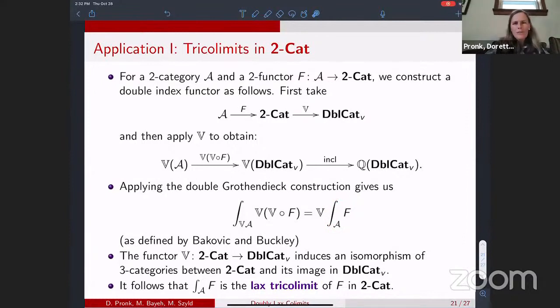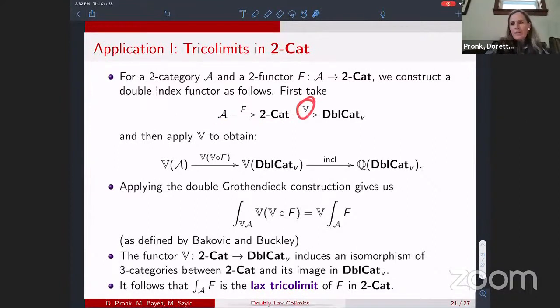And I will just do two cat today. So for a two category and a two functor, we want to make that into a double index functor as follows. We first take just the functor itself and then compose with V to end up in double cat V.